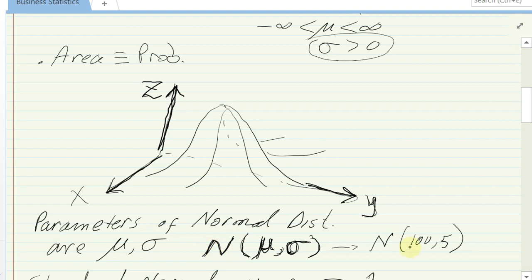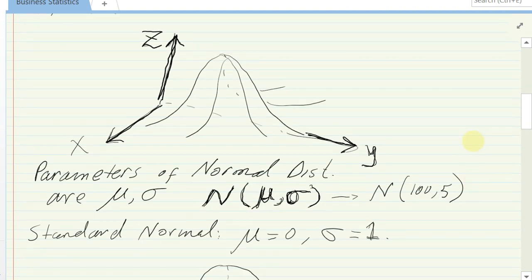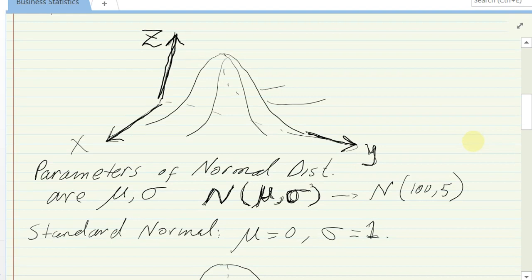For example, here I have a normal distribution. The mean is 100 and deviation 5. There are different normal distributions, by the way. If you change the mean or the deviation, you get a different looking normal distribution. They're all going to be symmetric and bell-shaped, but the specifics of each of them may change, as you will see in many examples that are coming up.